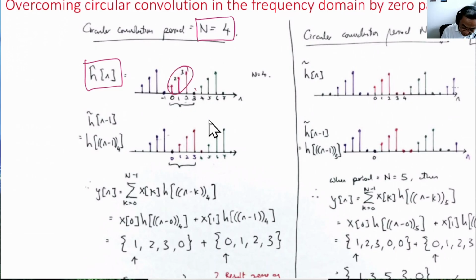And we are padding one extra 0 before we repeat the sequence. That's it. We're padding the 0 at the end of the sequence, and then we are repeating. So now that we are using capital N equals 4, this h[n-1] is h[(n-1) modulo 4].